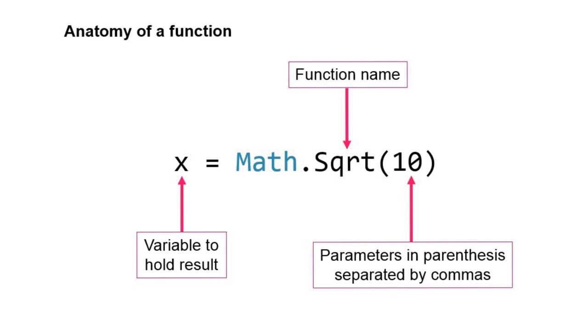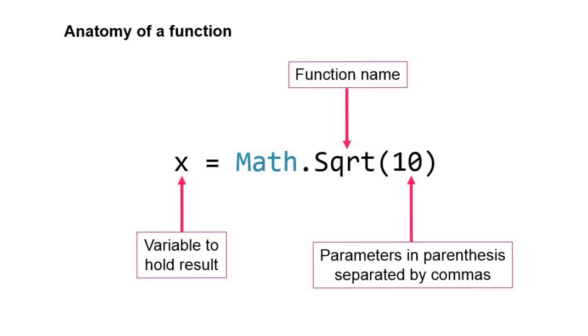So here I've called the square root function and I've passed it the value 10 as an integer. This would then go into the function, which will perform its code, produce an answer, but remember, a function must return a result. It would then return the result, and that result gets assigned here into x.